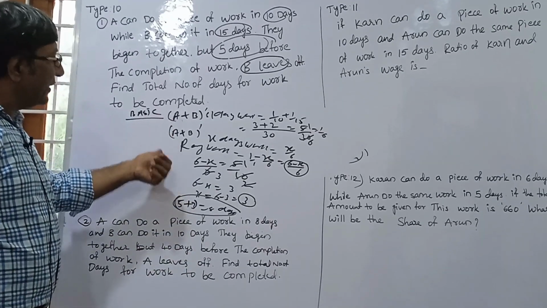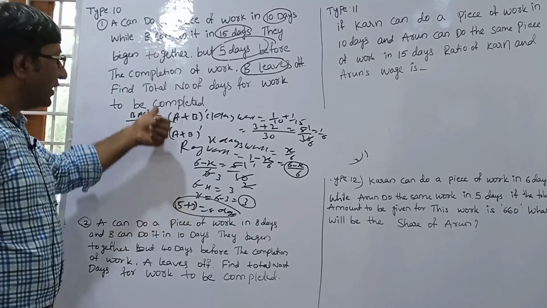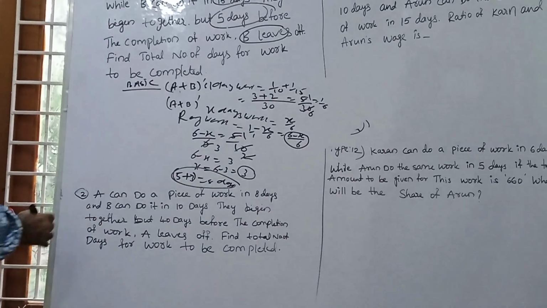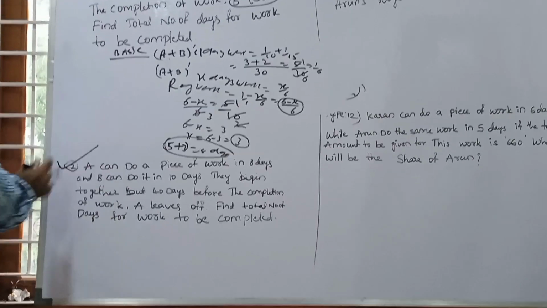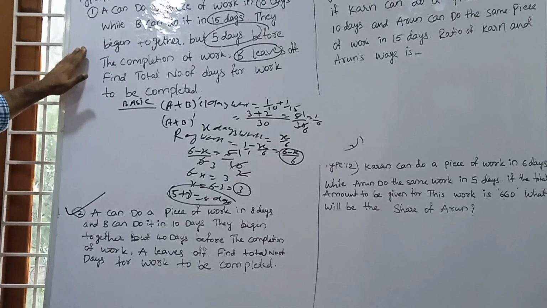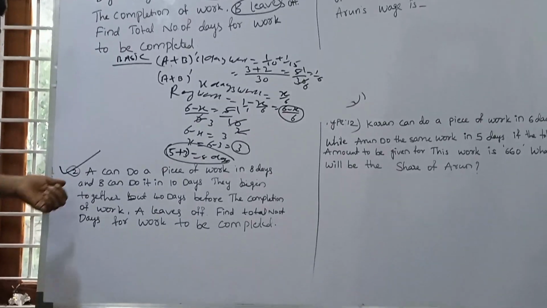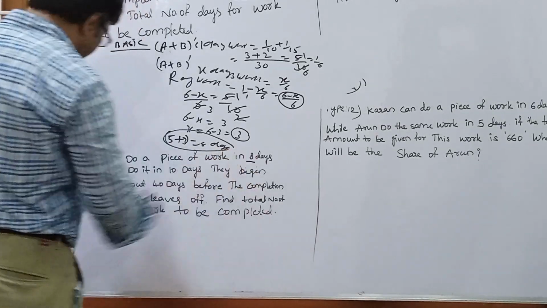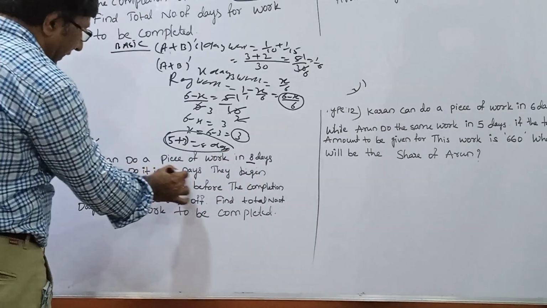In this way we can solve this question by the basic method. But this is a lengthy process, so the best way is to solve it by the trick. Now we are solving the second question, of the same pattern, only by the tricky method. A can do a piece of work in 8 days and B can do it in 10 days.